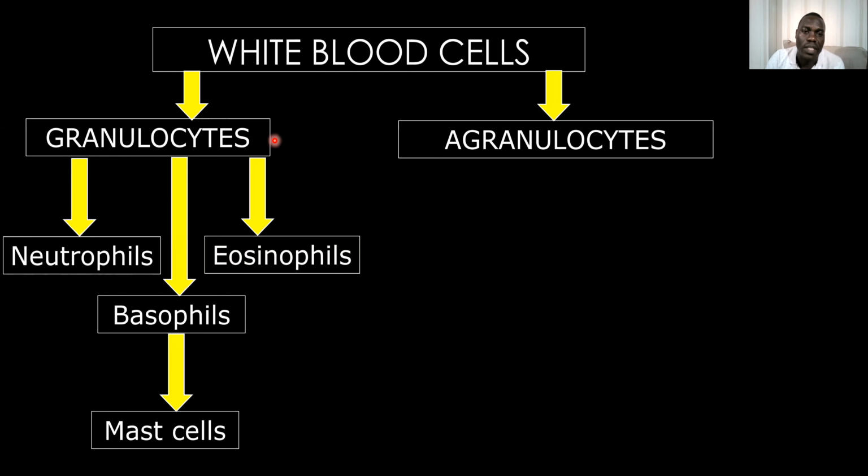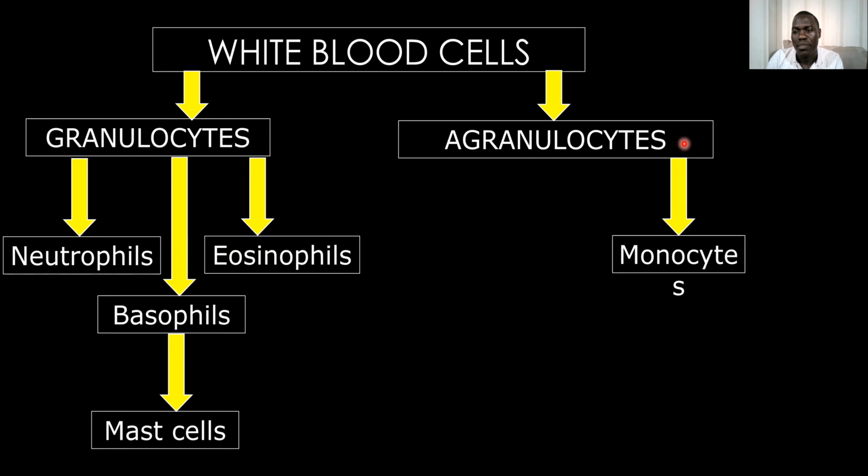These are granulocytes. How about the agranulocytes? The agranulocytes are two varieties. You have the monocytes and the lymphocytes. To start with the monocytes, monocytes are phagocytic cells. We call them so when they are within the bloodstream.